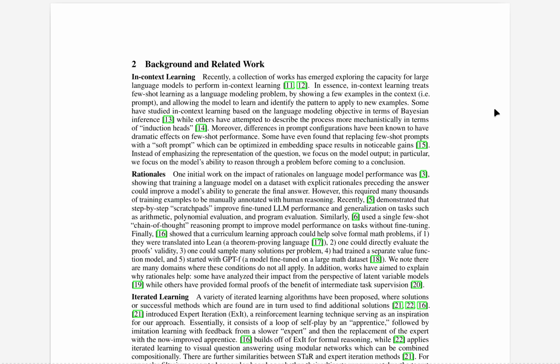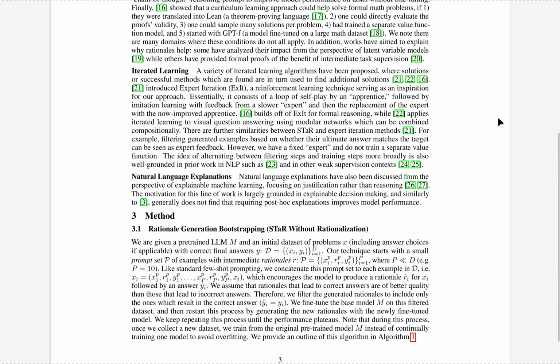In addition, works have aimed to explain why rationales help. Some have analyzed their impact from the perspective of latent variable models, while others have provided formal proofs of the benefit of intermediate task supervision. Iterated learning.